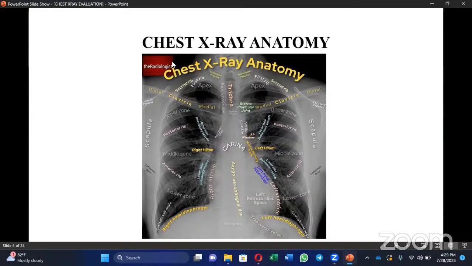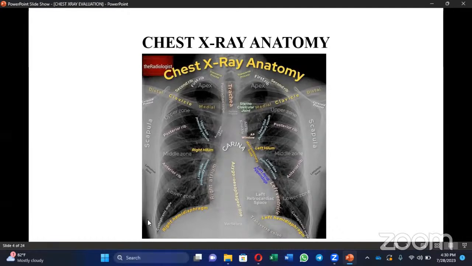Then we come to the two lateral borders. You look out for the lateral skin margins, the part where the cursor is pointing. These are the lateral borders, and this one is the skin margin. So this is a skin, and this one is also a skin. We look out for them. And then the inferior border, we have the costophrenic angles.